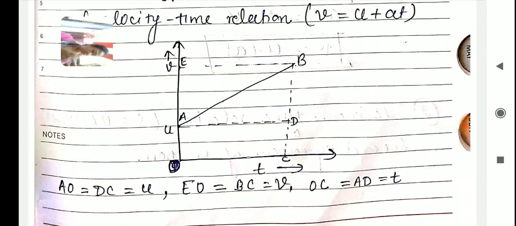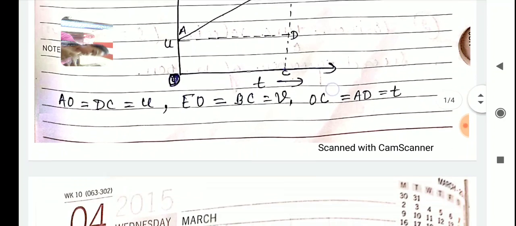BC minus DC means V minus U will give us the value of the BD. And what does V minus U represent? V minus U represents the change in velocity of the object.